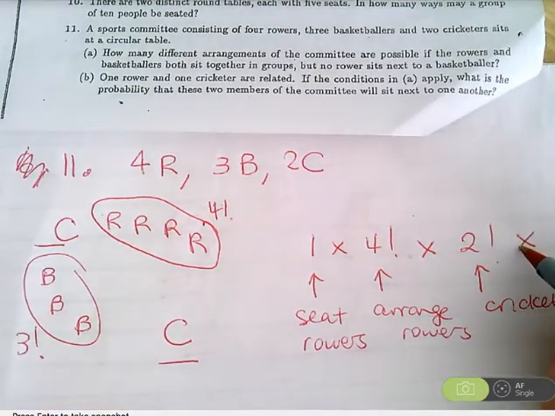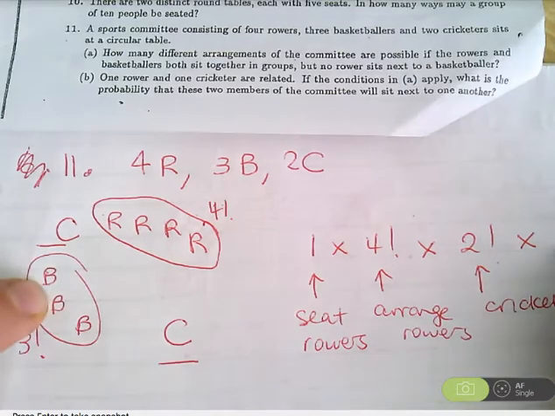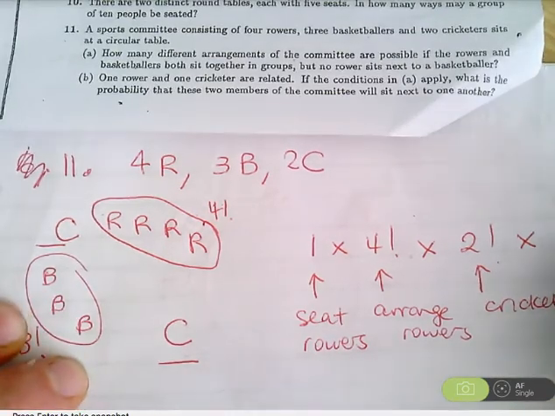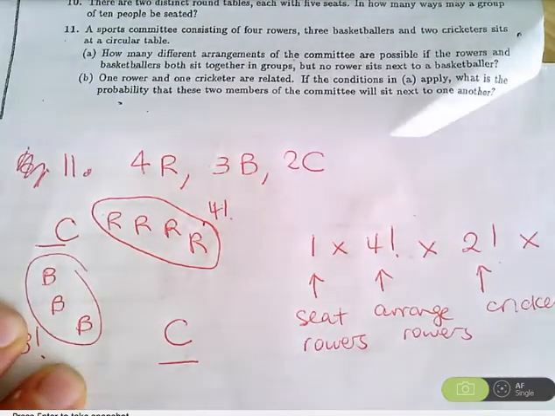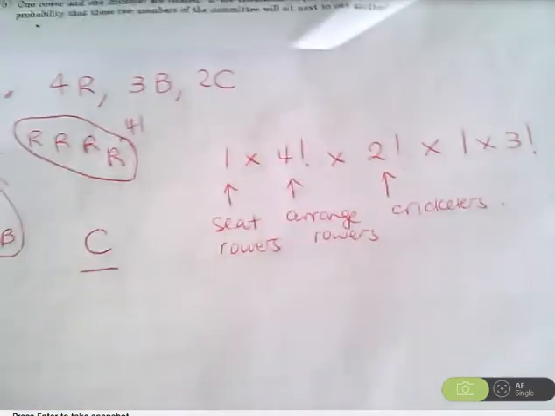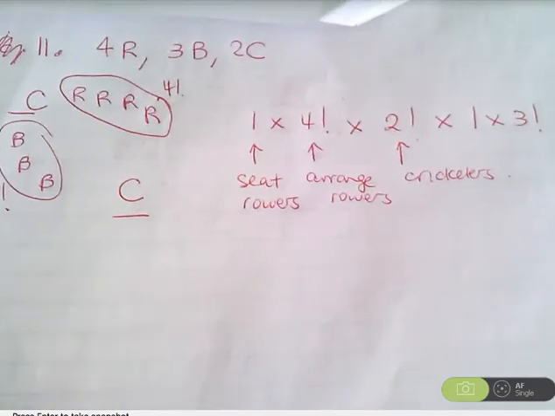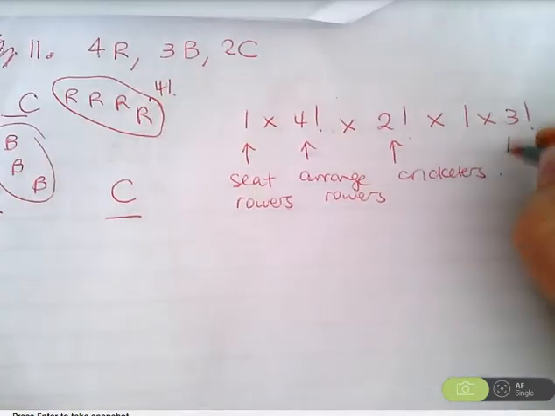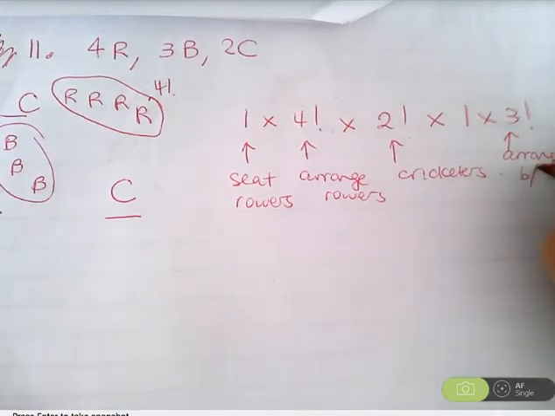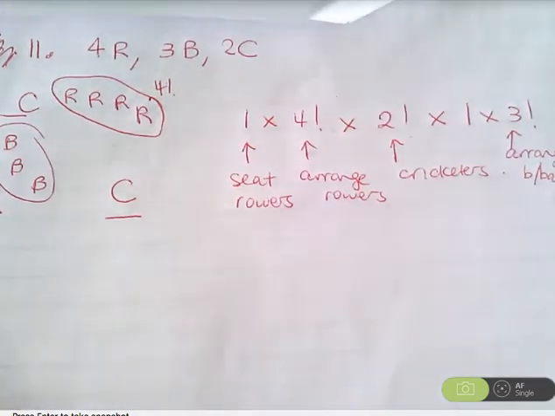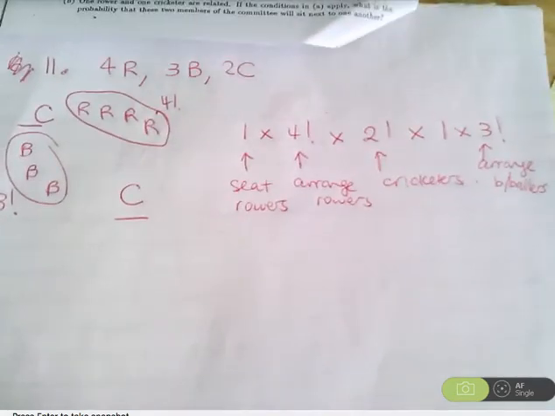Then times 1 spot left for the basketballers, they've got to go in that spot, times 3 factorial, which is to arrange the basketballers.